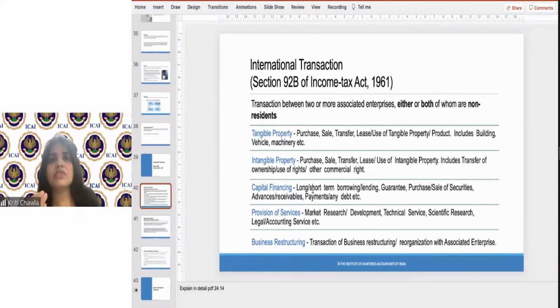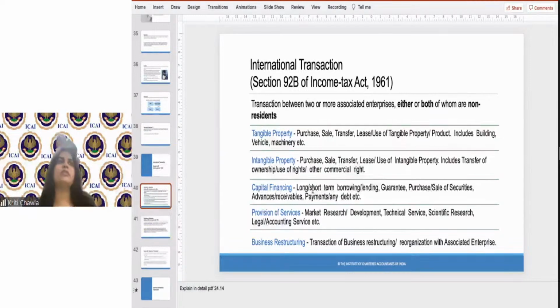Then they say that even if it is not tangible property, even if it is intangible property, the meaning of intangible property is very, very wide. It's provided in Section 92B(2) of the Income Tax Act. It's also provided in the study manual of ICAI. You can either look at Section 92B(2) or the study manual. The definition of intangible property is provided there, and it's very widely worded.